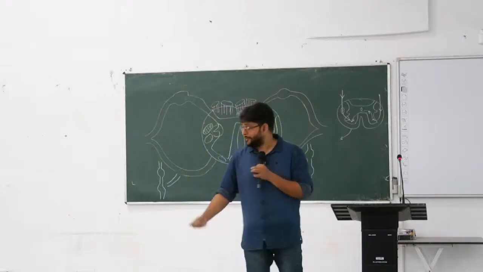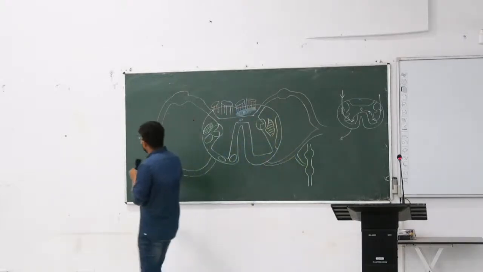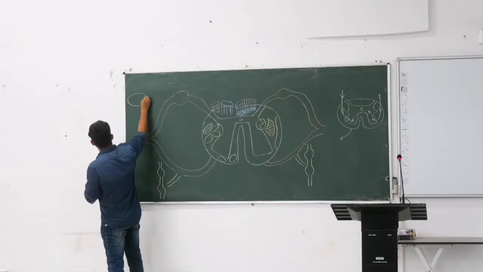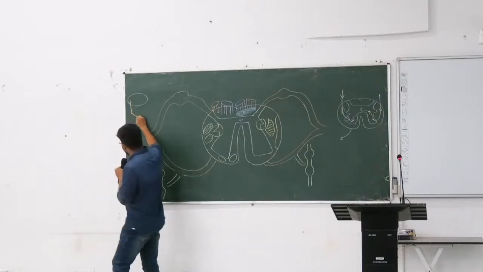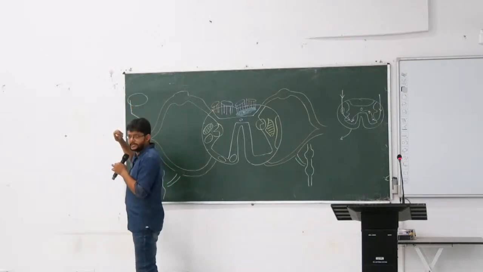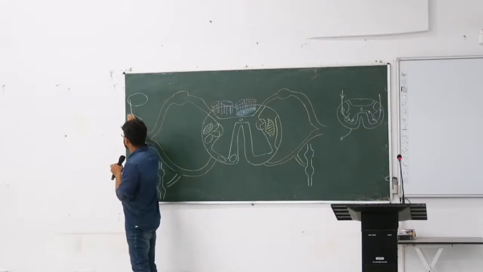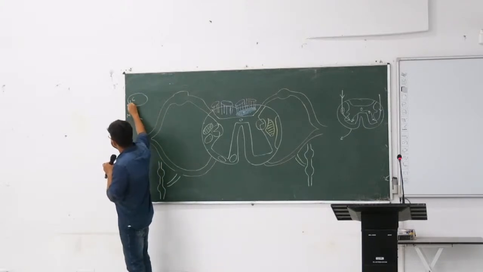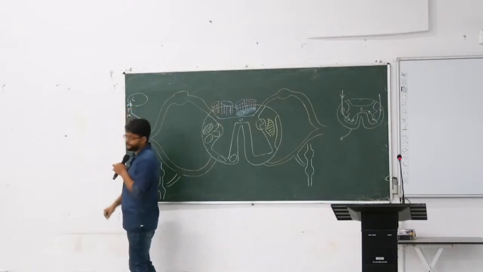তাহলে overall upper motor neuron lesionটা যদি আমি দেখি, upper motor neuron lesionটা কি? Suppose this is medulla, this is cortex, this is midbrain, this is pons.